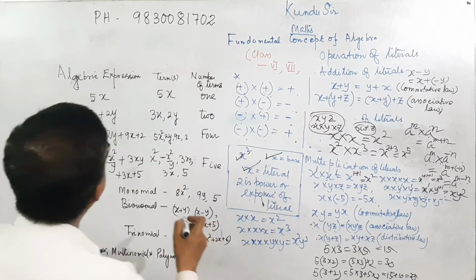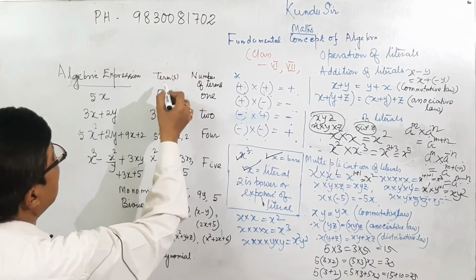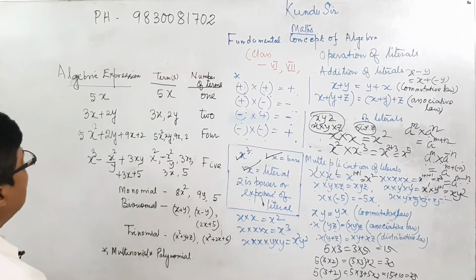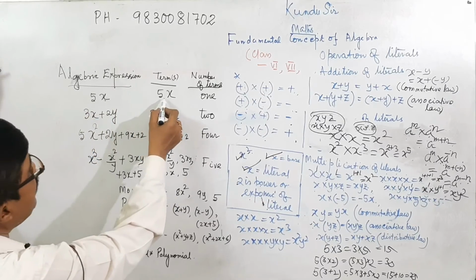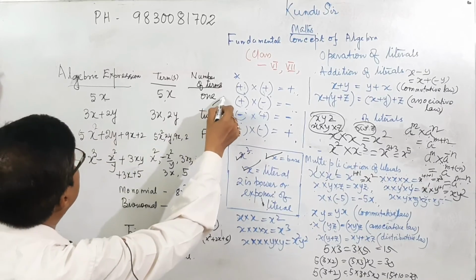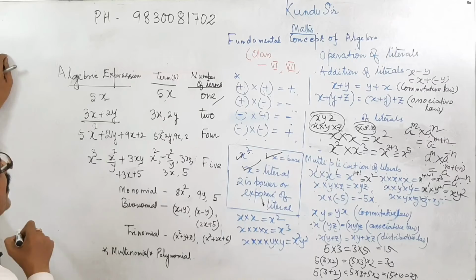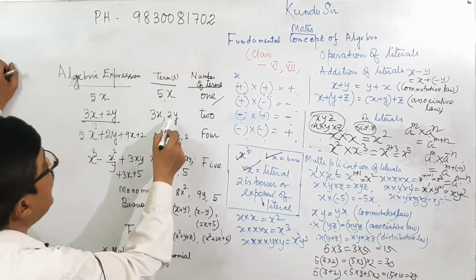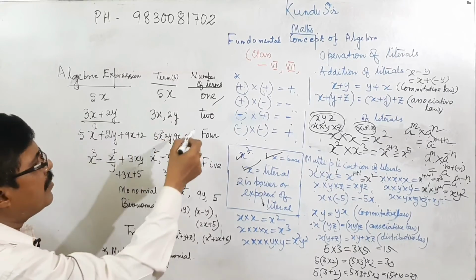Now, I am taking some algebraic expressions and counting the number of terms. 5x has only one term, that is equal to 1. Now, 3x plus 2y: 3x is one term and 2y is another term, so the number of terms is 2.